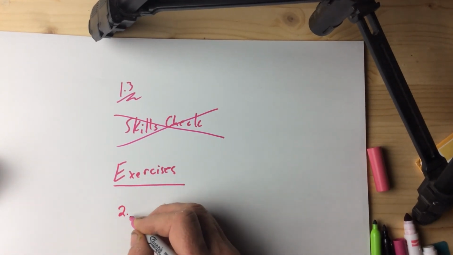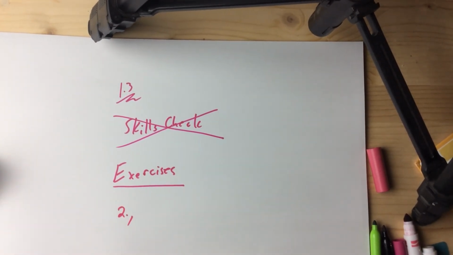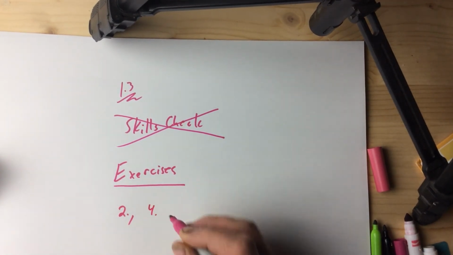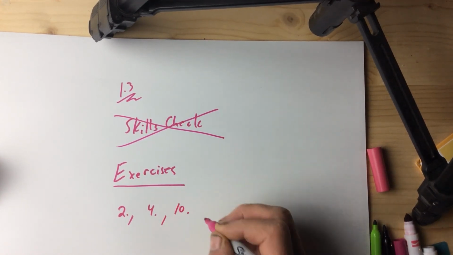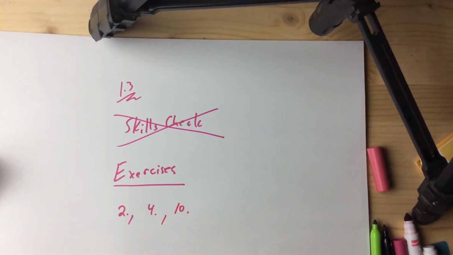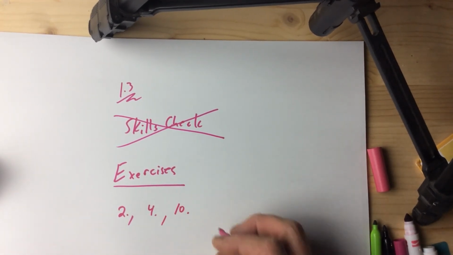First off, problem 2 is pretty straightforward. It's nice and easy. Problem 4, I think it's got a little bit more to it, but not much. It's mostly practicing your definitions. Then problem 10 has some more meat to it, and it asks you to go back to a previous picture. So it's kind of like 2 problems in one.